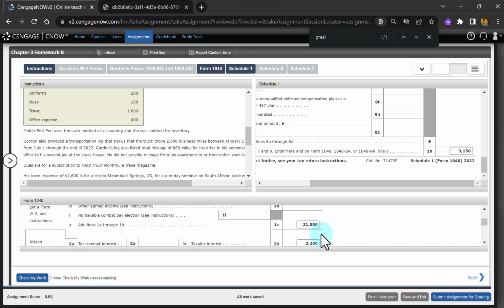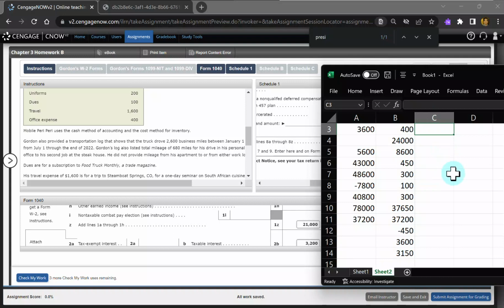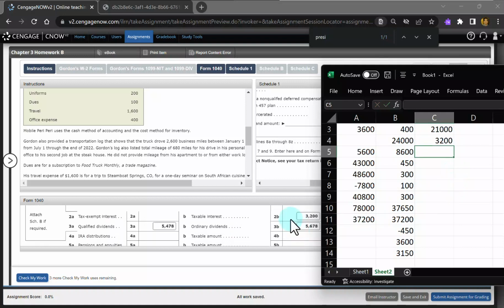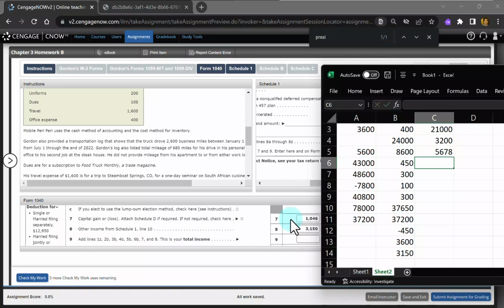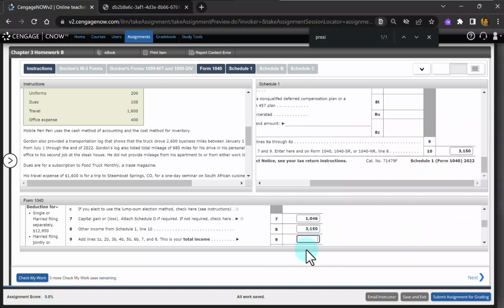That's the wages of 21,000, interest of 3,200, ordinary dividends of 5678, capital gain distribution of 1046, and other income. That's the alimony minus the business loss. So grand total 34,074.